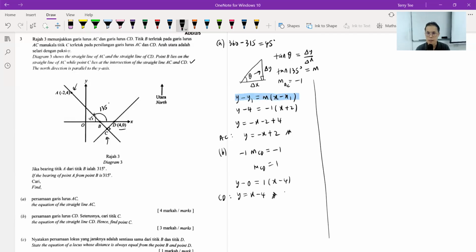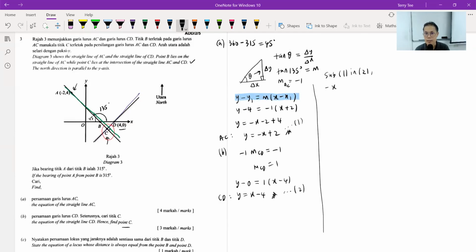Okay, next, I want to solve for the coordinate point C. So first we find the equation of straight line CD, then we solve for point C. Now, how do you find the coordinate of the intersection? We call this equation 1, equation 2, because we know AC and CD, they both intersect at point C, right? We sub 1 in 2 or 2 in 1, doesn't matter.